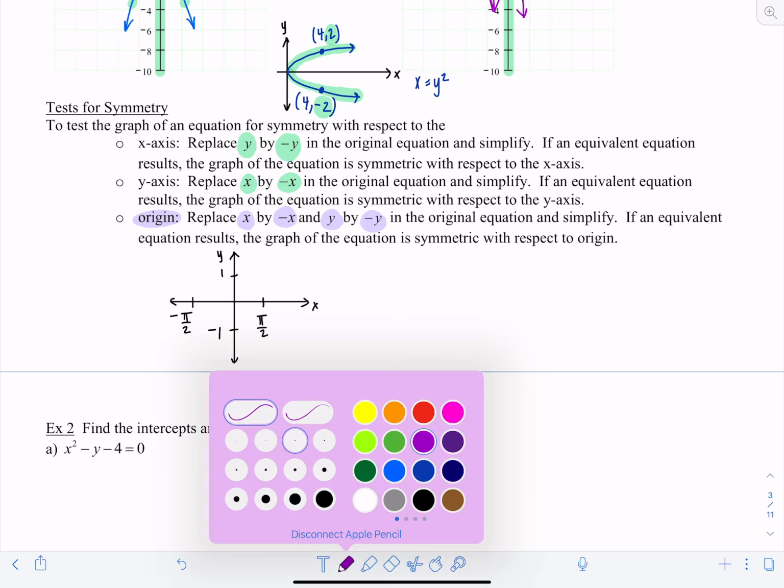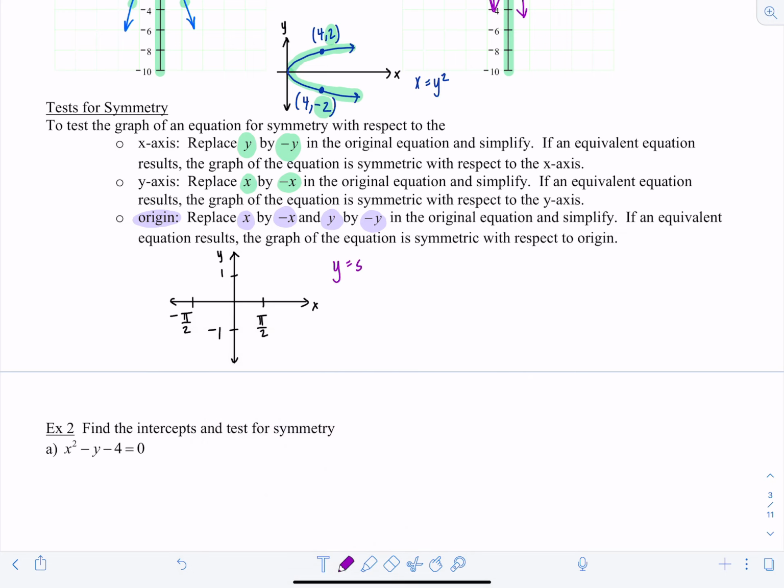So I'm going to graph it for you here. y equals sine x. So we have (pi over 2, 1) and (0, 0). And then notice, in the test for symmetry about the origin, you replace x with negative x and y with negative y.